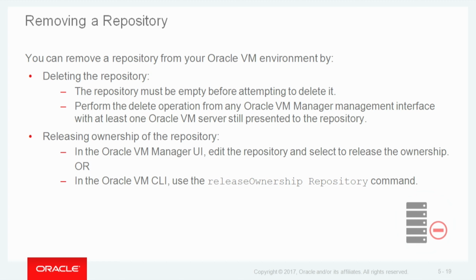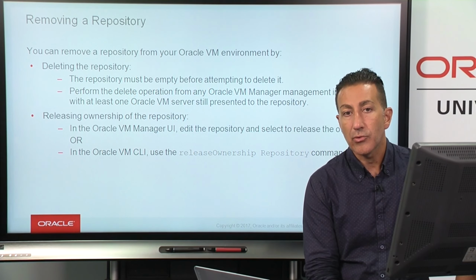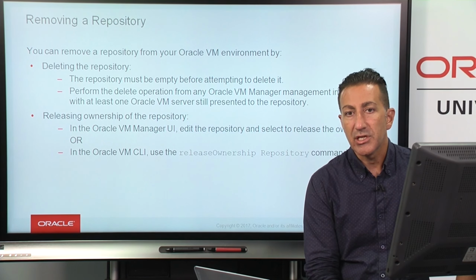It needs to be present and mounted to let the Oracle VM server delete the repository. And to release the ownership of the repository in the Oracle VM Manager user interface, you edit the repository and you select to release the ownership.